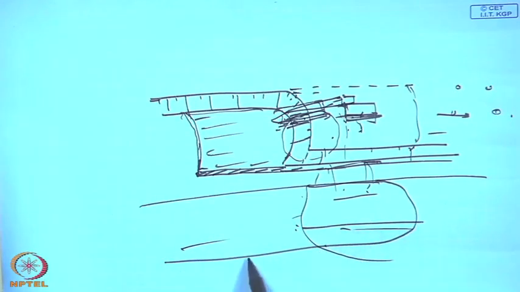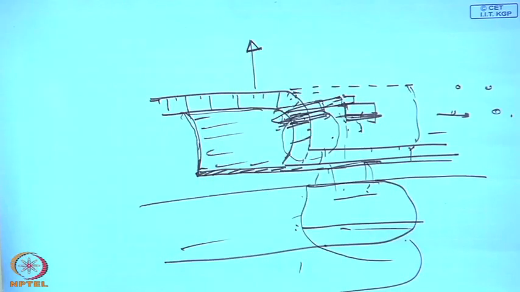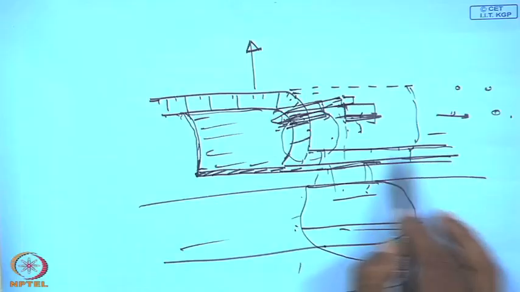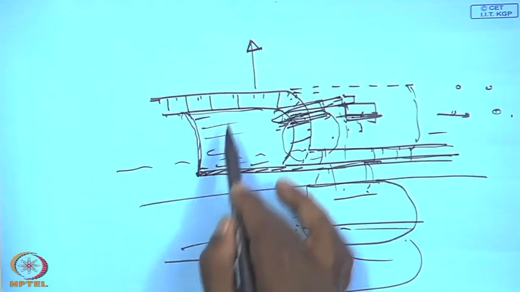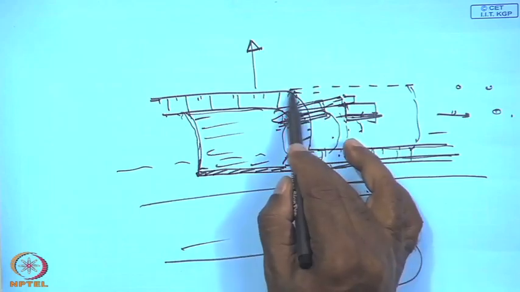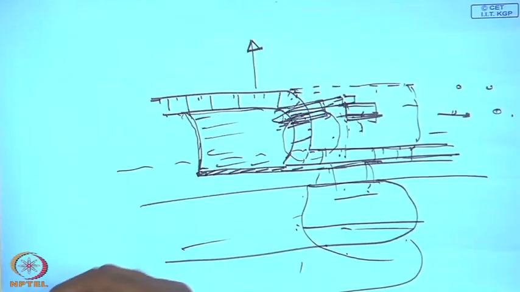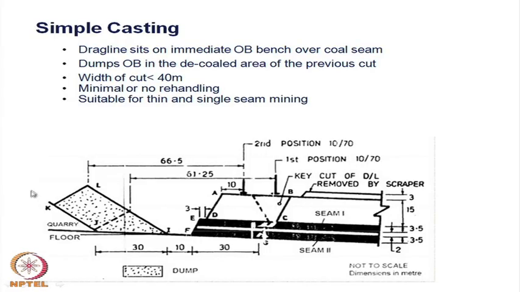Before that, when this bench is advancing in these directions, when this wall, that is your high wall, was here, and when this wall is cut, it will become here. So, you can see that the previous cut spoil was here.